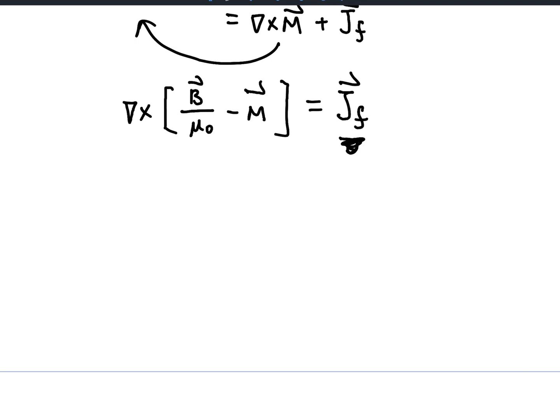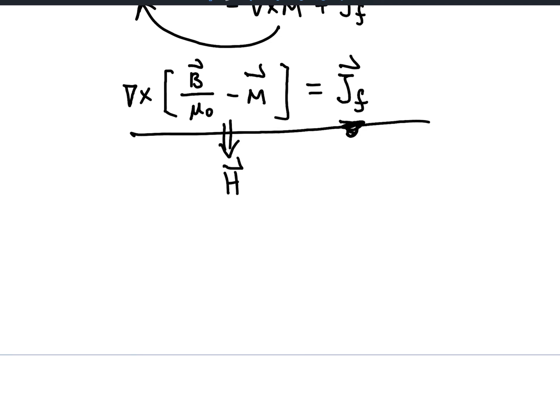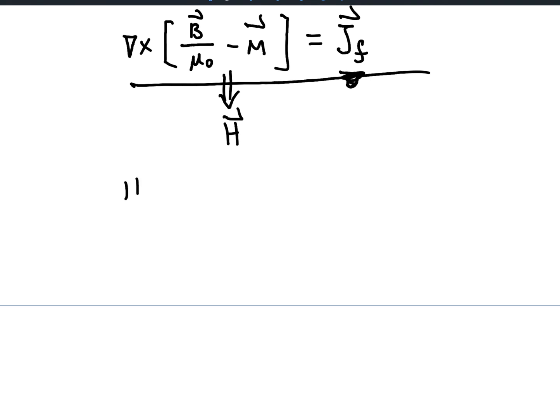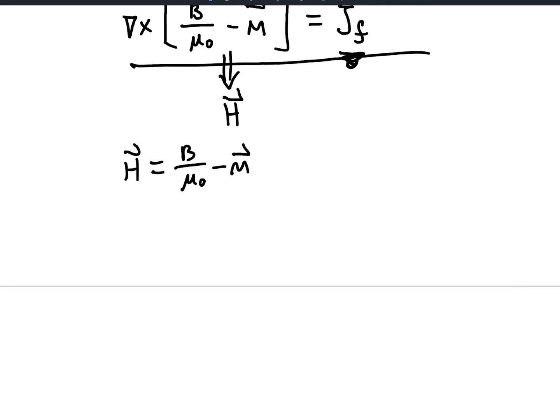So this is Ampere's law written in the presence of the magnetized object. Now, if we define this whole thing as H, where H is B divided by mu 0 minus M, then we have del cross H equals J_F.